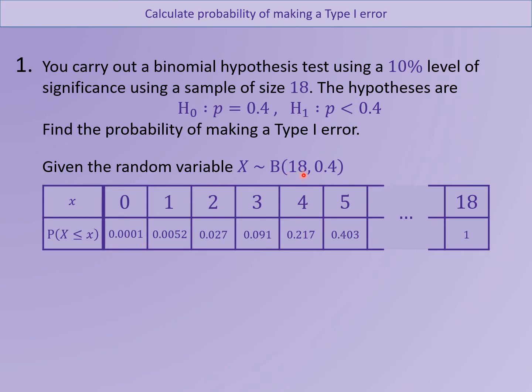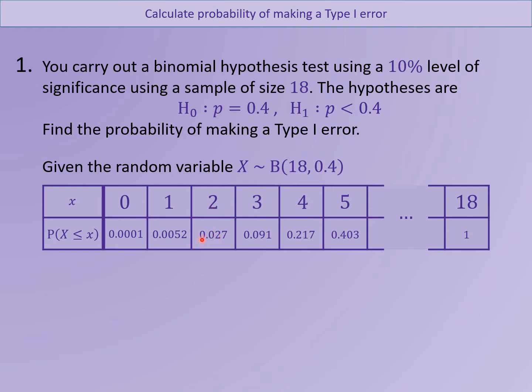If I ran 18 tests, what's the probability I have no successes or just one success? It's gone up a little bit, it's 0.0052, about 0.5% chance. What's the probability if I ran 18 tests, chance of success is 0.4, and I got either no successes, one success, or 2 out of the 18 successful? That's a bit stronger now.